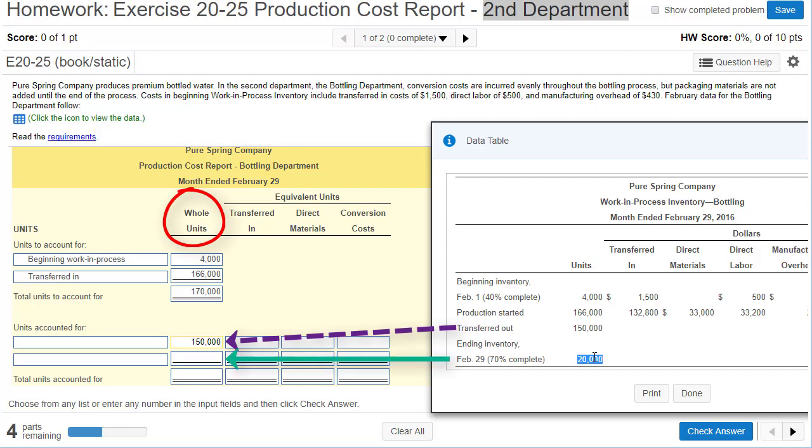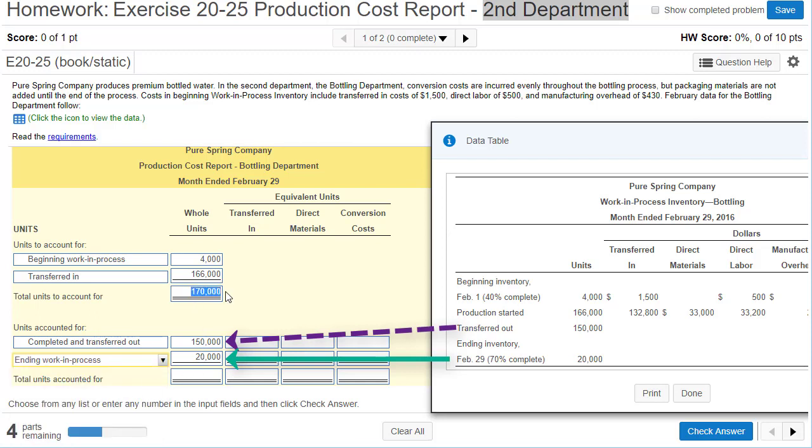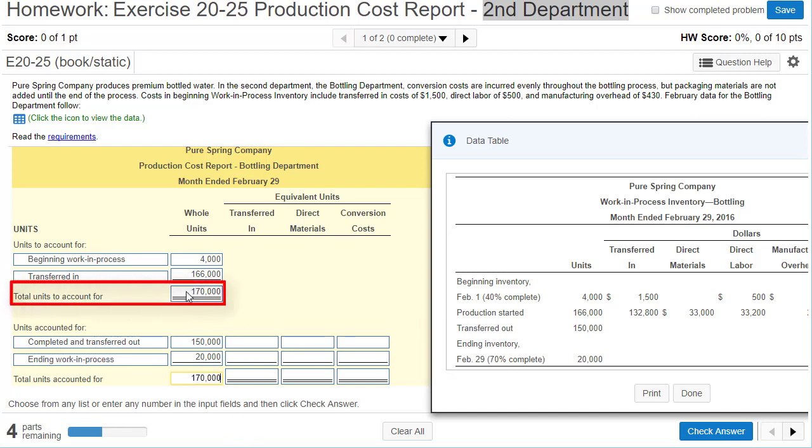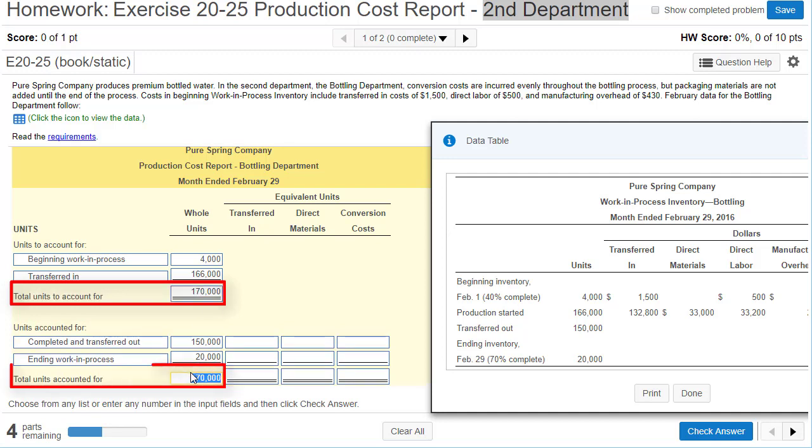And our units that were in ending balance are 20,000. So the labels are completed and transferred out, which I get from right here. And then ending inventory is called ending work in process. Copy, paste. So again, the units to account for, 170,000, has to be the same as units accounted for.